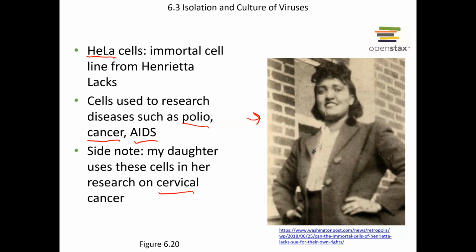This was back in the 1940s, and her cells are still used today because they are known as the immortal cell line. They've been used in studies on polio, on cancer, including cervical cancer, which my daughter actually studies, the HPV virus and cervical cancer. They've also been used in studies for HIV and AIDS.